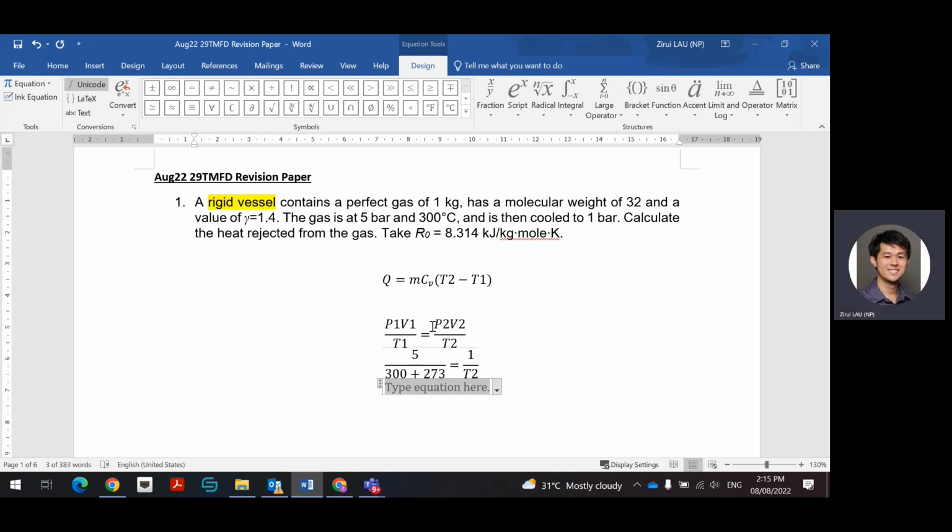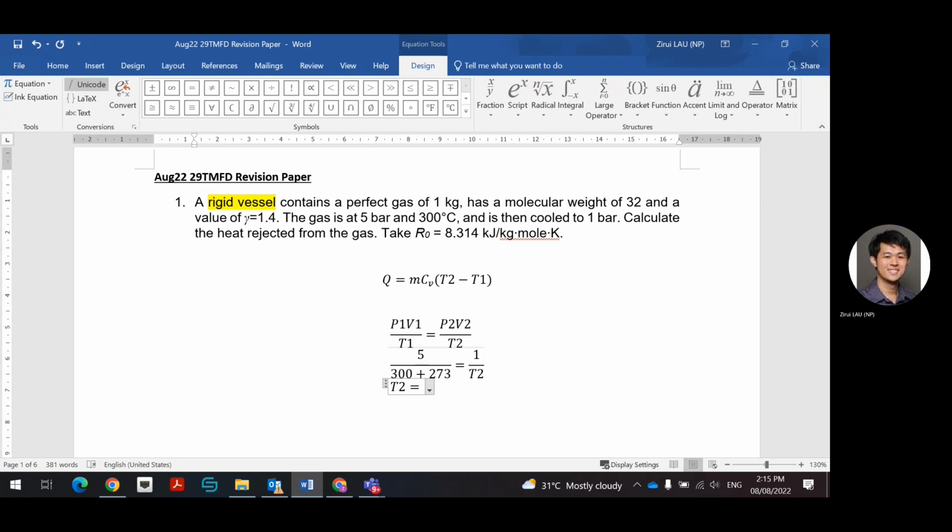So from here, we calculate the T2 value. It is 114.6 Kelvin.